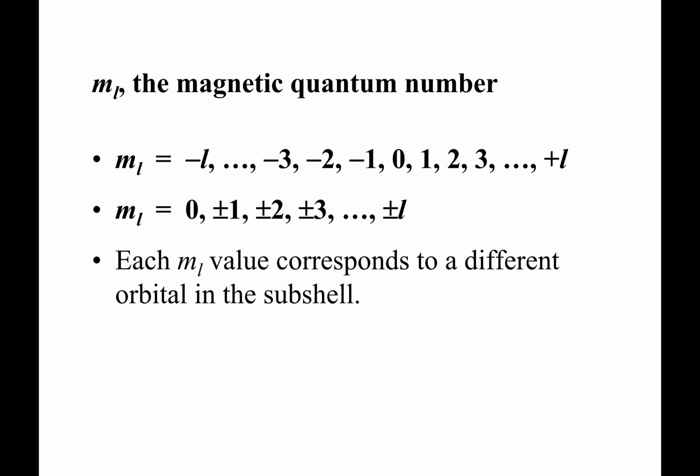F corresponds to L equal to 3. So that means we have 0, plus or minus 1, plus or minus 2, plus or minus 3. I got it. That's how that whole thing works. It's not that hard.